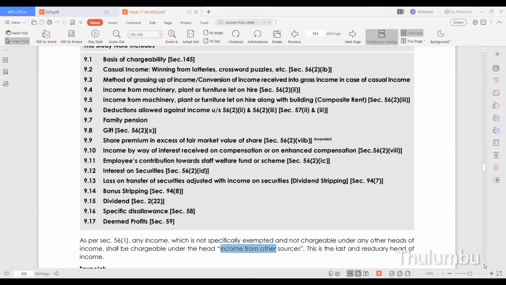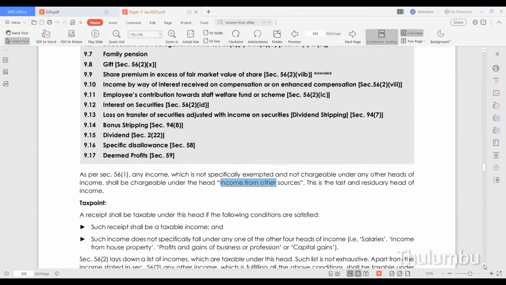So main 2 conditions have to be satisfied. So the institute made a tax point. Receipt shall be taxable under this head if following conditions are satisfied.